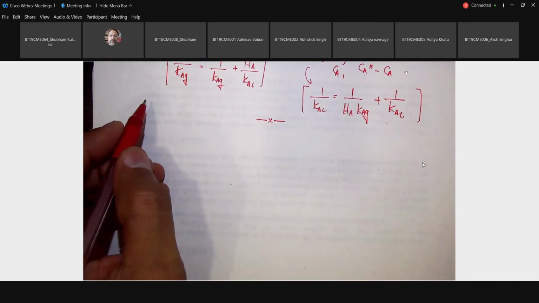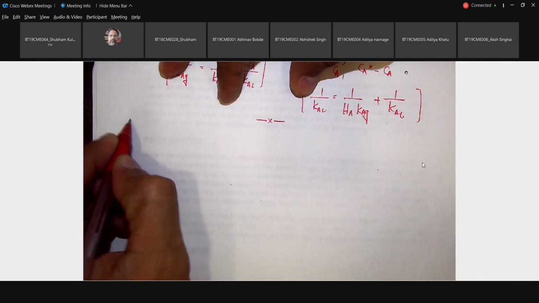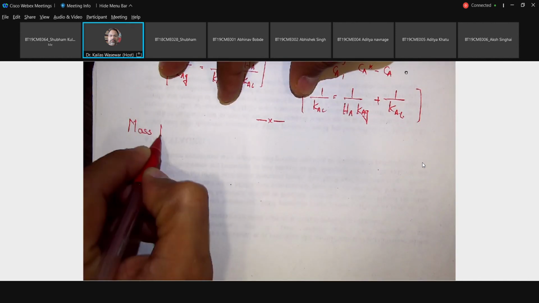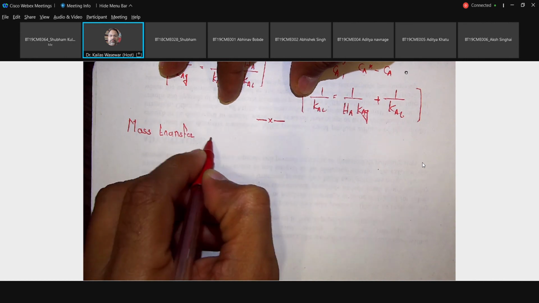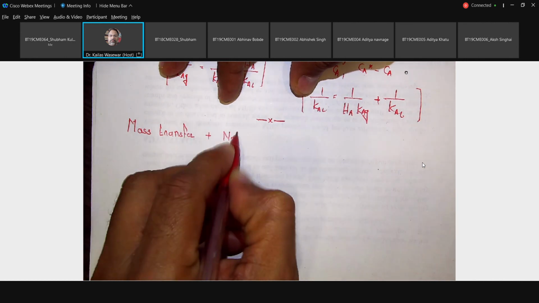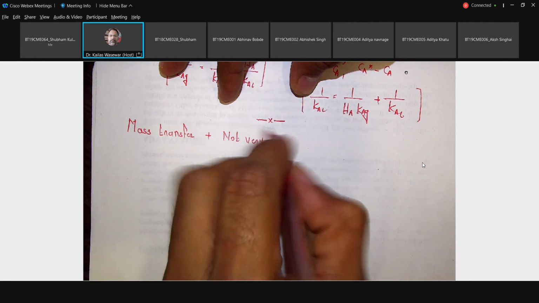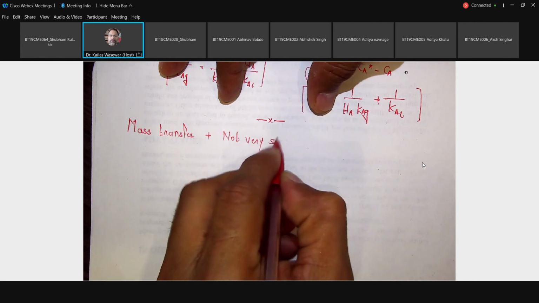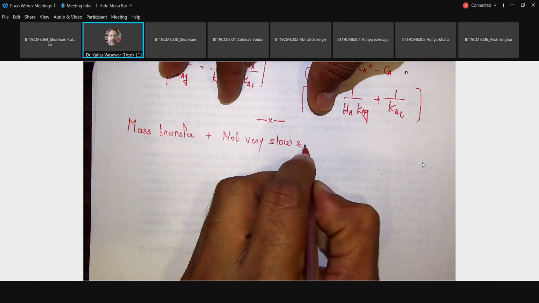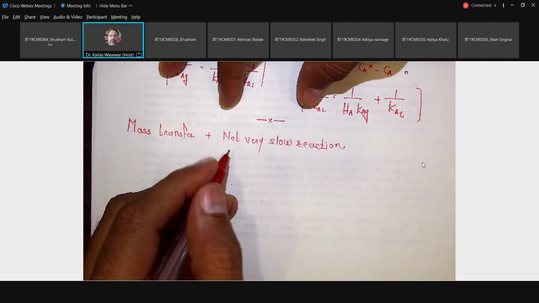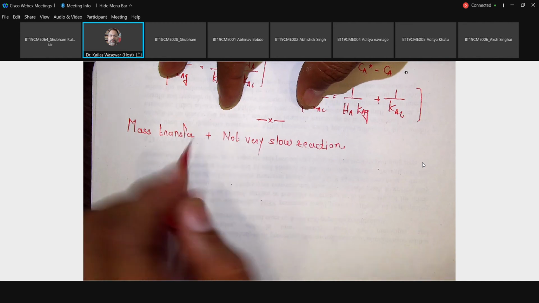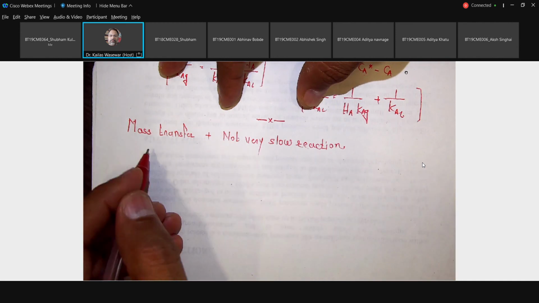So we are going for mass transfer with chemical reaction, but not a very slow reaction, because for a slow reaction it will be very easy, with the expression RA equal to k CA CB fL. So mass transfer, but not a very slow reaction.